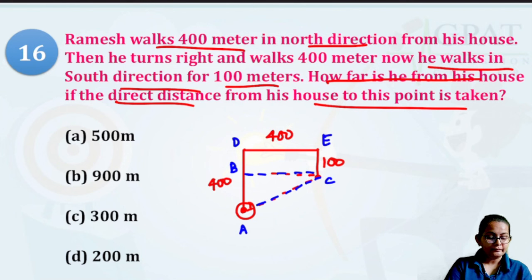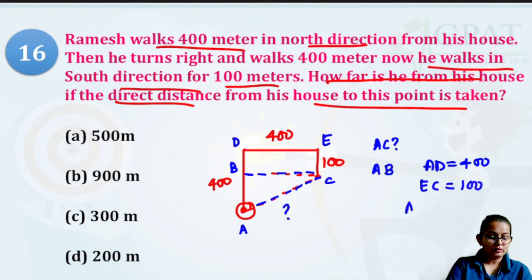You have to find AC, the AC distance. You have AB. AB would be how much? If AD is 400 and we know EC is 100, then AD we can imagine 400 minus 100, the remaining portion would be 300.